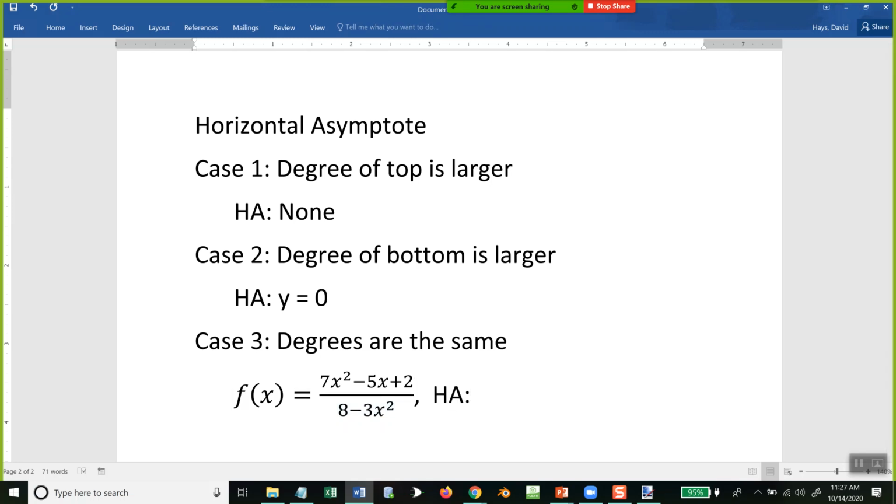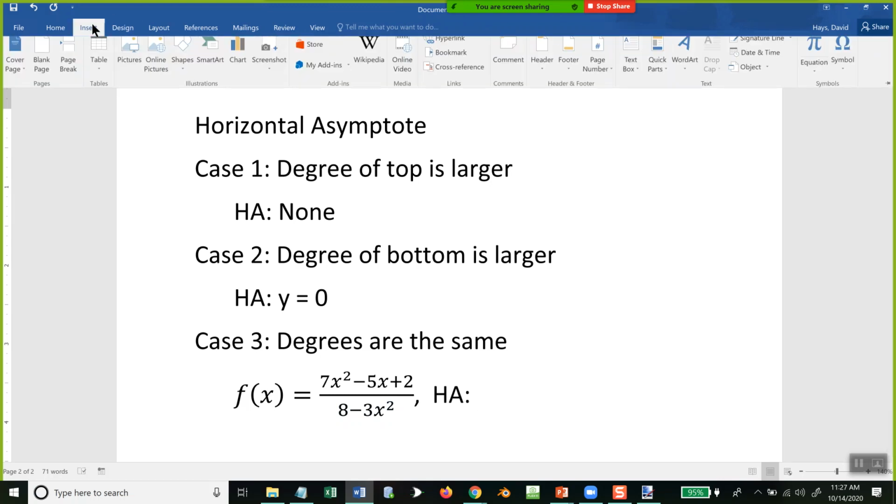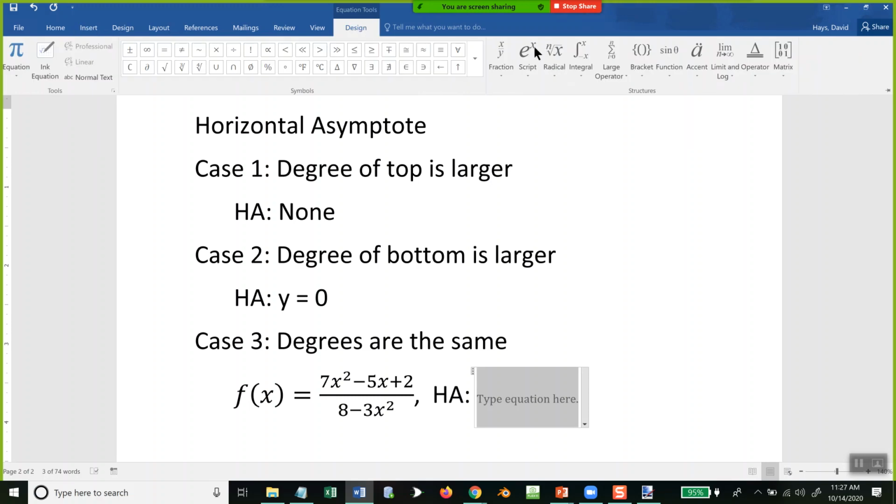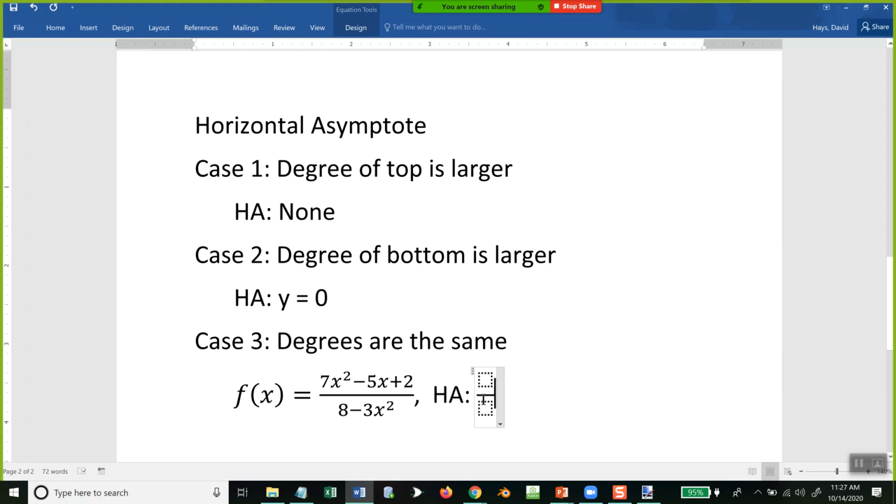For the horizontal asymptote, it will be y equals 7 over negative 3. Now, how do we get that?